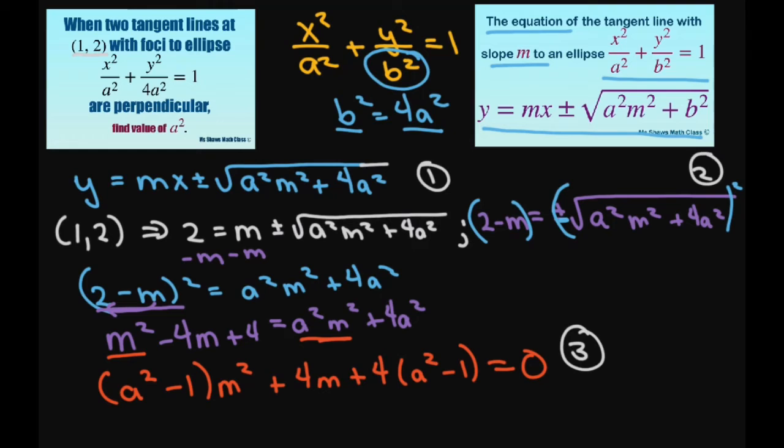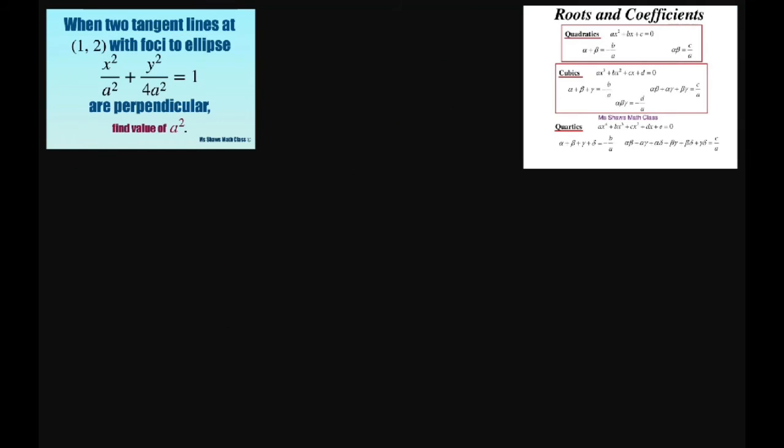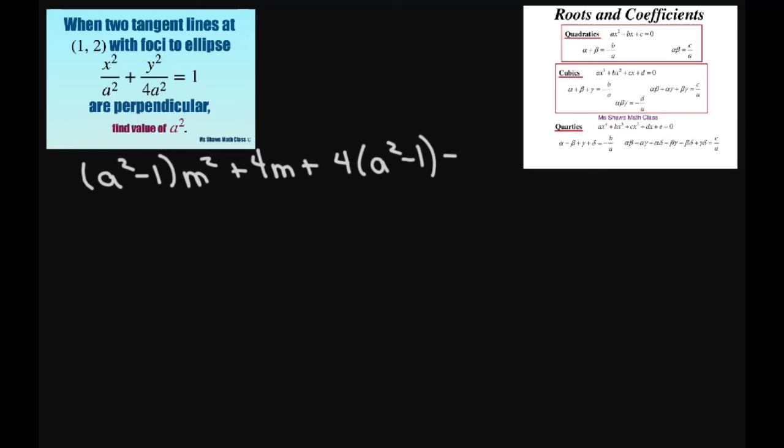Now, before we continue on, since we have two slopes because we have two tangent lines, the slopes are the roots of this equation. So we're going to use the relationship between roots and coefficients. Again, I'm going to write this out: (a squared minus 1) times m squared plus 4m plus 4 times (a squared minus 1) equals 0.